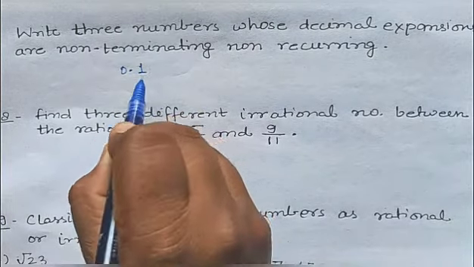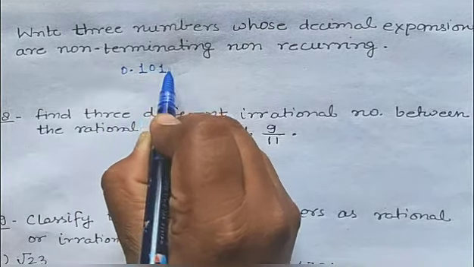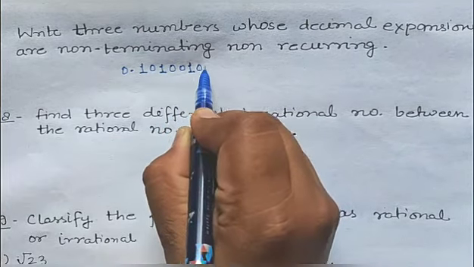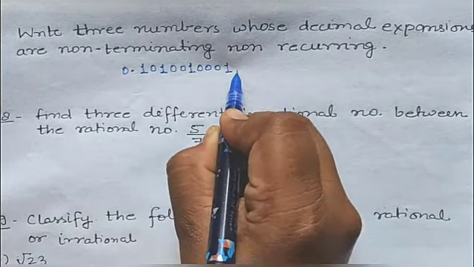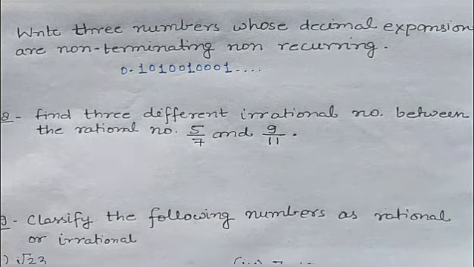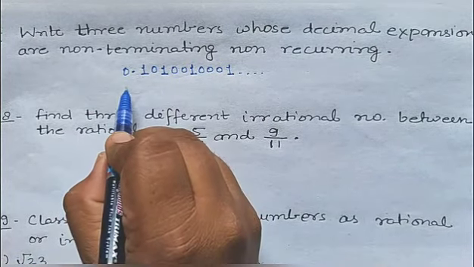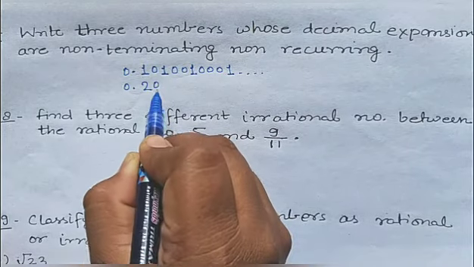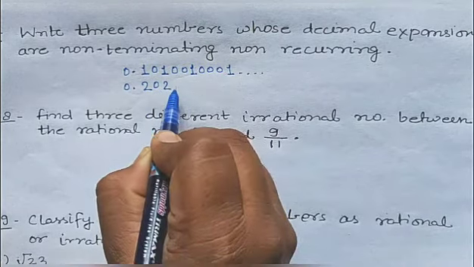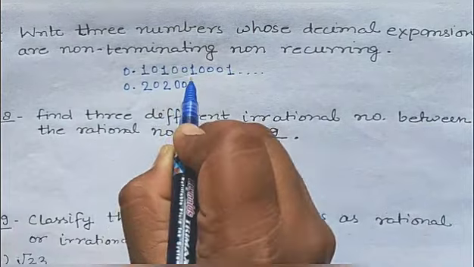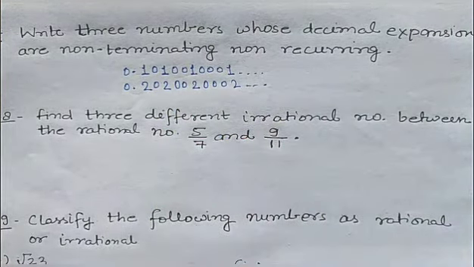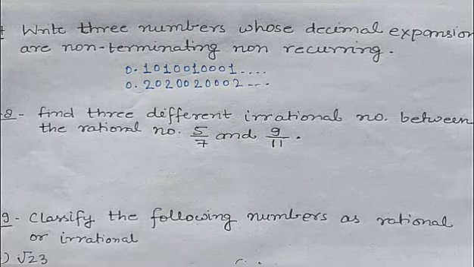suppose 0.10, 100, increase the number of zeros, 1 0 0 0 1, and so on. One number you have written. Now the second number you can write like 0.20, then 2, again increase the number of zeros like this, this is your second irrational number.